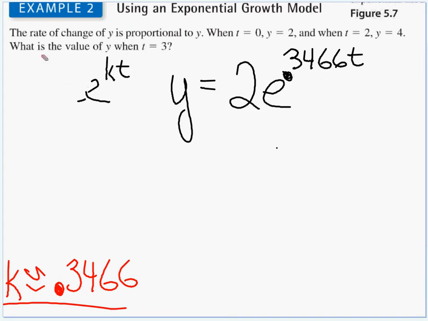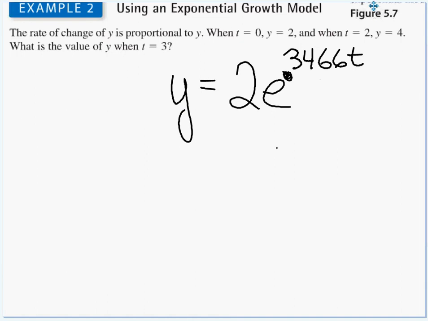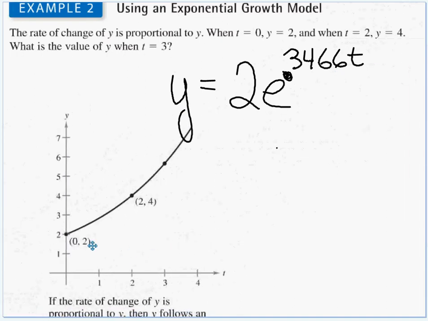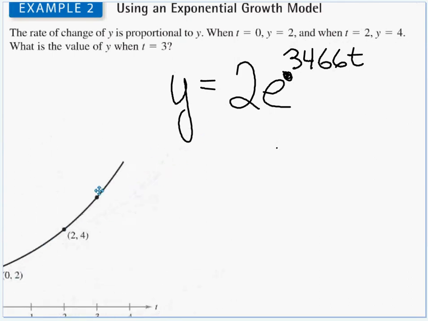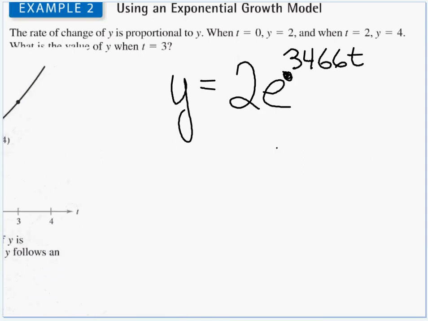Again, let me get this out of the way. Graphically, what we've done, we used the two given points to establish the curvature of this line. Now that we have our model, we can use it to predict what's going on out here when t is 3. So the second part of this, they want what's the value of y when t is 3.